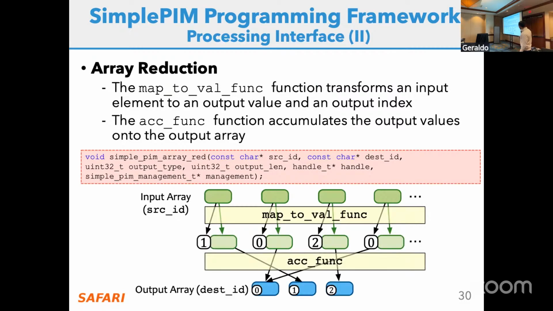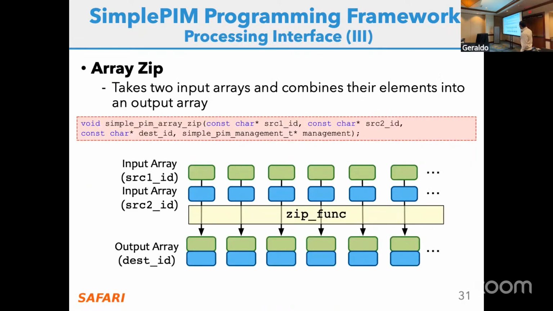We have a reduction operation, which takes an input vector and generates an output array based on a reduction function that is applied. Or we have a zip function, which basically combines two input arrays into a third output array.